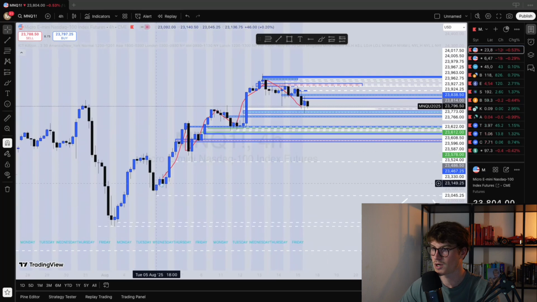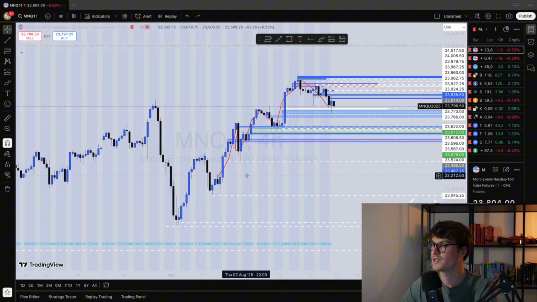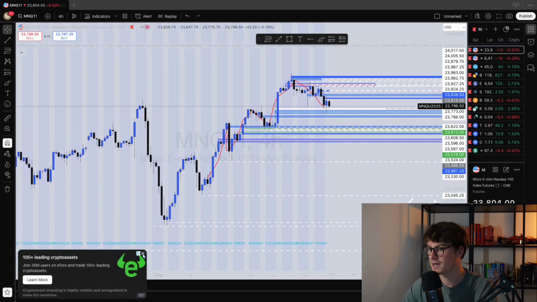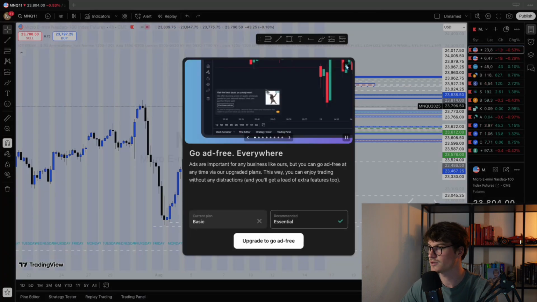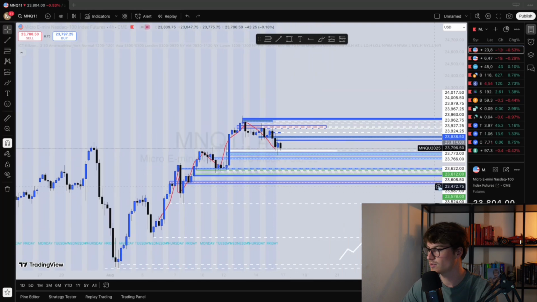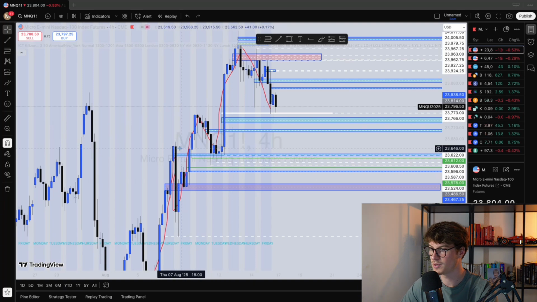We're not breaking this high or this low, because that would be a change in state of delivery and character, but this is more on the higher time frame. For the higher time frame here, we are trending higher: high, low, high, low, high, low. The market is still respecting those previous highs, so we don't go much below this.